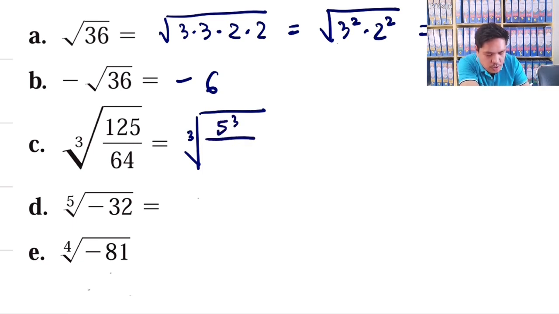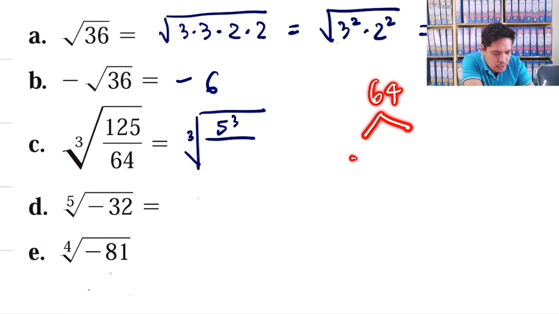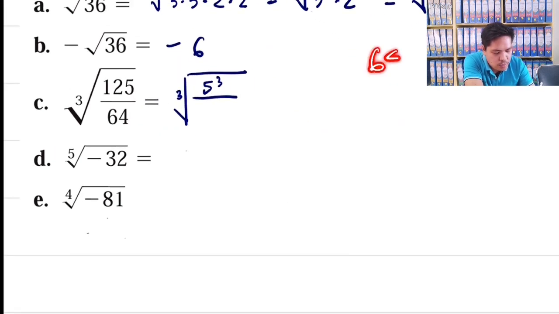over, how about 64? 4 times 4 is 16. Tama ba? Scratch tayo. 4 times 4, or pwedeng ganito. 64 is 2 times 32. Tama ba?